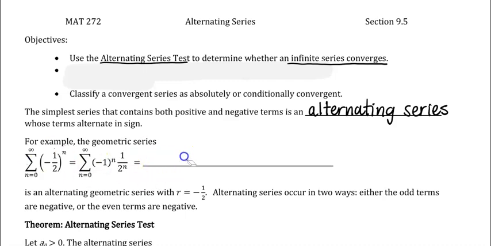It is this factor of (-1)^n that makes the series alternate. And you'll notice now when we start plugging in terms, our first term is positive, our second term is negative, third term is positive, fourth term is negative, so on and so forth. And so it is the changing of these signs from positive to negative why we call this an alternating series.